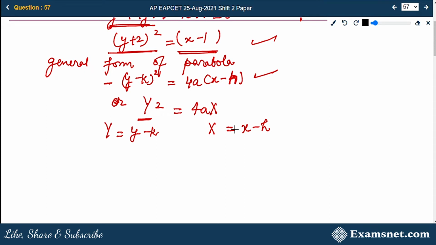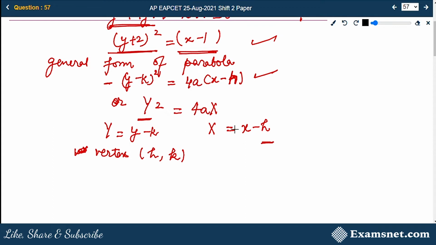Now here the vertex is given by (h, k), right? See, what is h in this case?